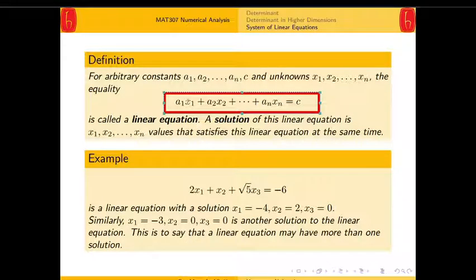This is linear because we have each unknown times some constant only. If we had instead x1 squared, or x1 times x2, this would not be a linear equation.